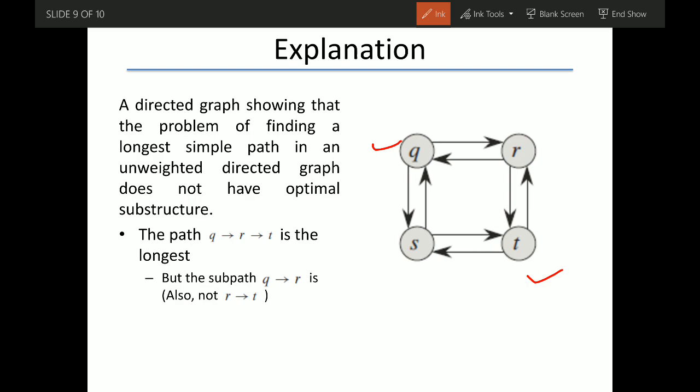So the longest path from Q to T is QRT, that is this one. You can assume either QRT or QST, both are the same length. So let's say we are assuming that QRT is the longest path.